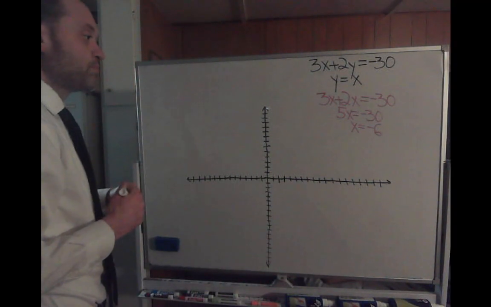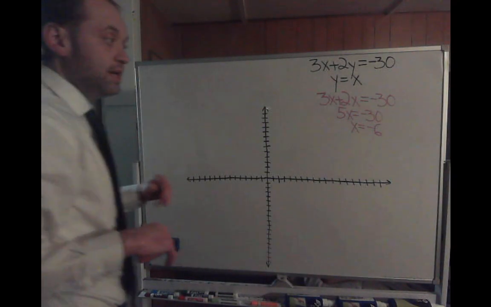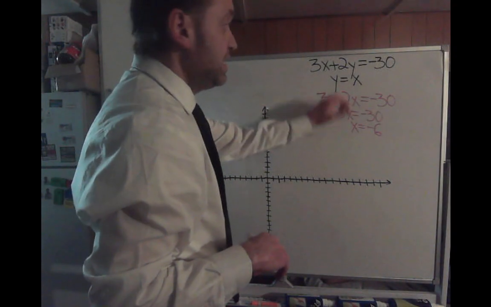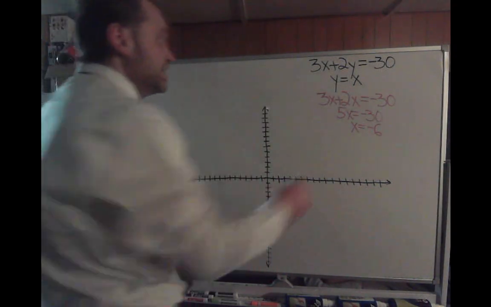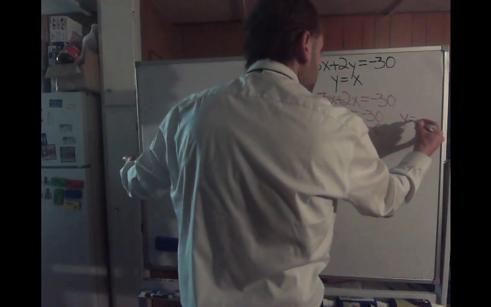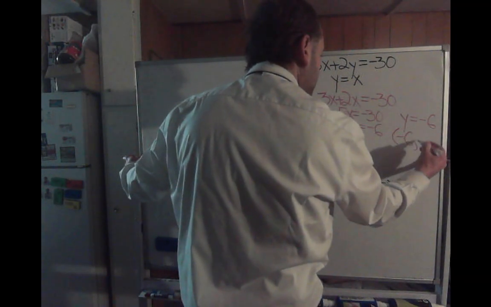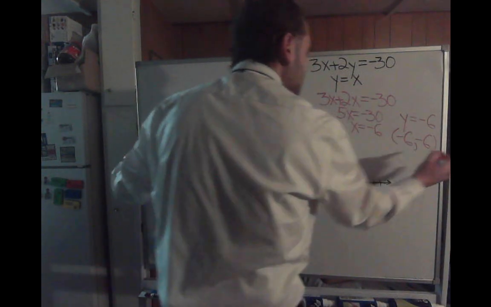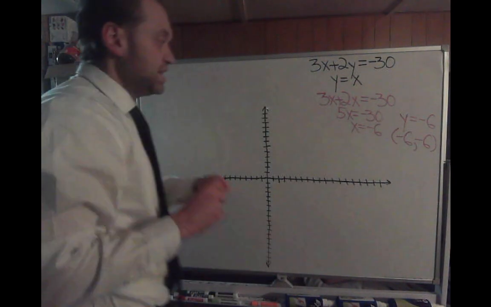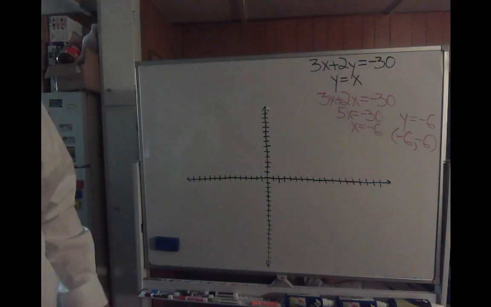Now, what if then we want to solve for y? Just put the x value into any of these equations. I think it's obvious we want to go with the y equals x. You would also get y equals negative 6 if you did that. So your point of intersection would be negative 6, negative 6. So the point of intersection of these two lines is at the point negative 6, negative 6.